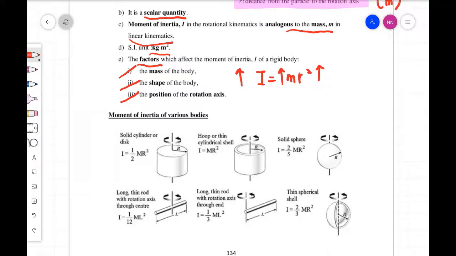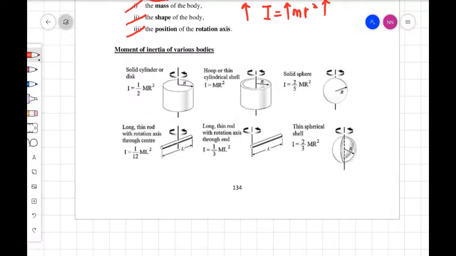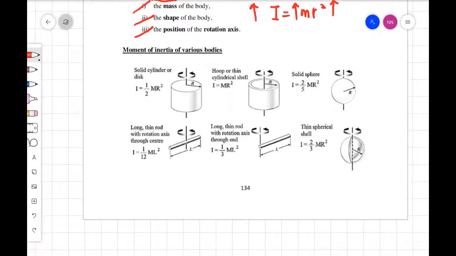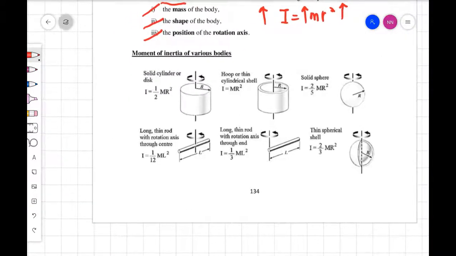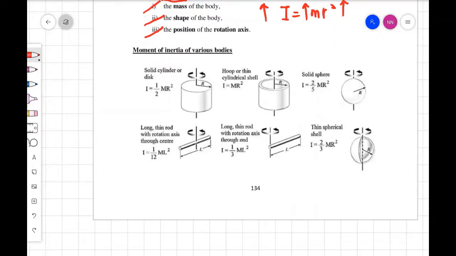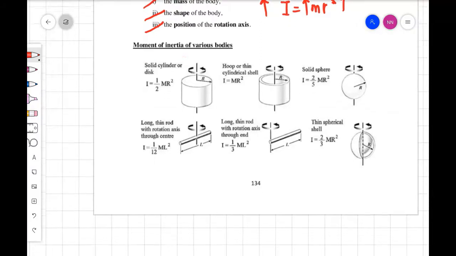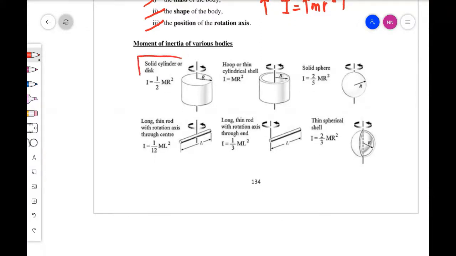Kat bawah ni ada moment of inertia of various bodies. Ada solid cylinder or disc. The formula for moment of inertia for solid cylinder is I equals half mr squared.